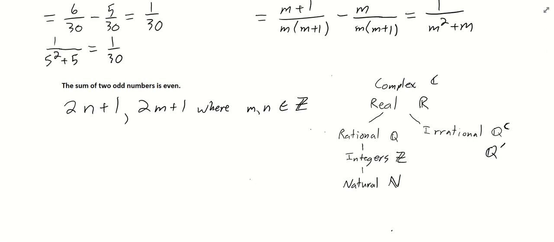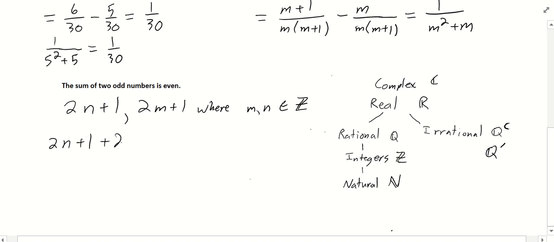To see if the sum of these two things will always give me an even number, we'll add them together. Let's rearrange this a little bit: 2n plus 2m plus 2.